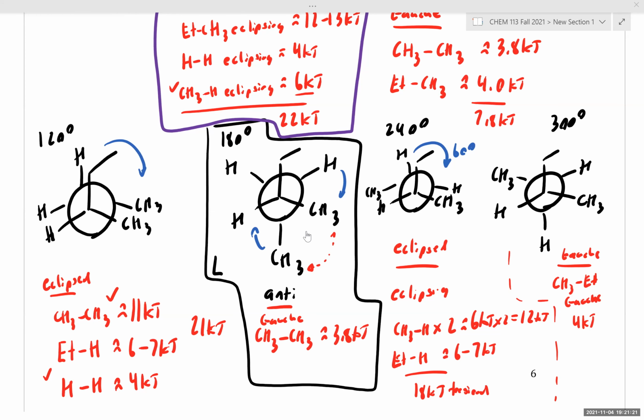Even if we covered up these A values and we were just looking at this without doing any calculations, wouldn't we agree that the ethyl group is bulkier and would have more steric strain associated with it than a methyl group? By 0.2 kilojoules.